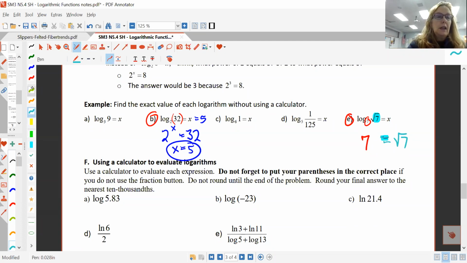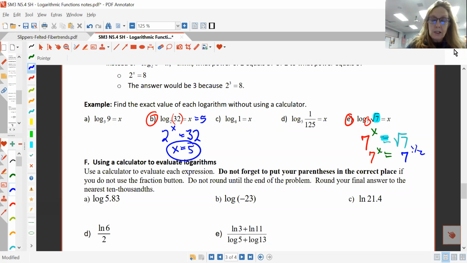Okay. And then to the x. Well, I can see, to me that makes more sense. I can see I have 7 to some power equals square root of 7. So this one I'm going to switch the format. 7 to the x, and I'm going to change this 7 because I know a square root I can write as a 1/2.